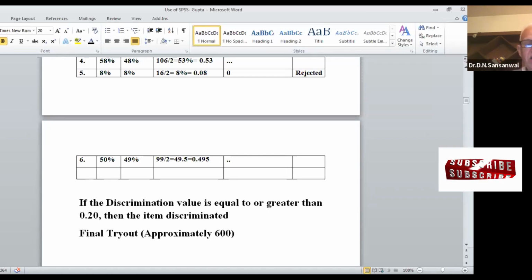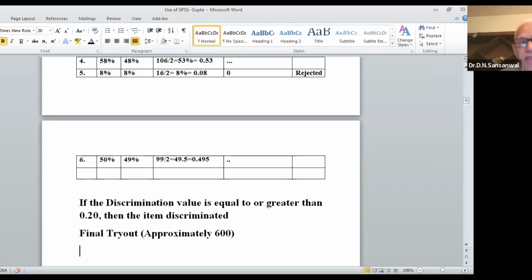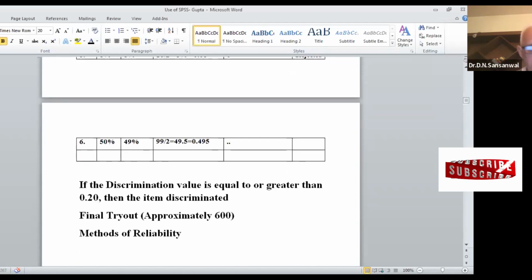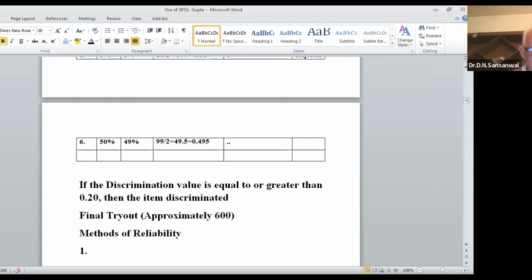Now let us see how we establish the reliability. So I'm telling you the methods of reliability. One of the methods of reliability is the test-retest method. What is the meaning?